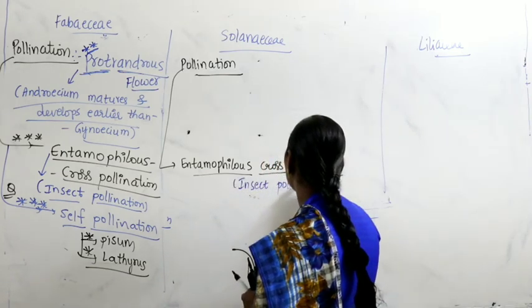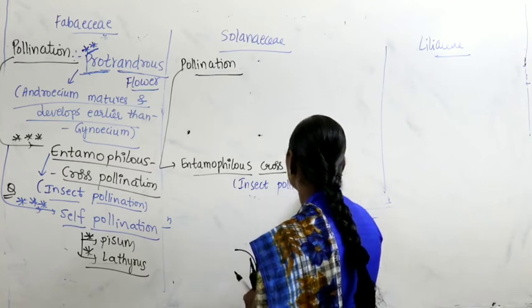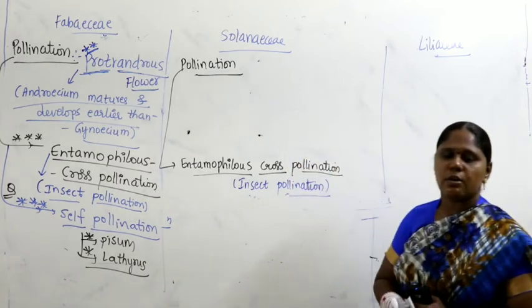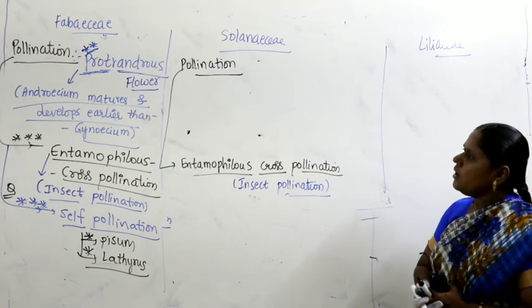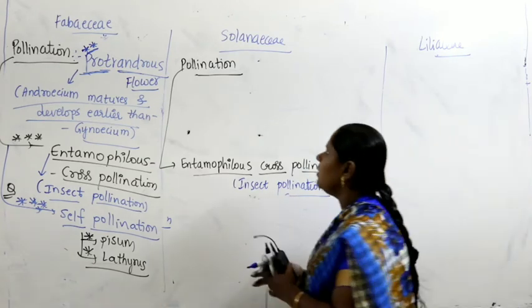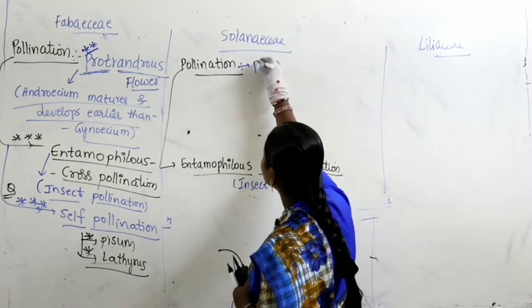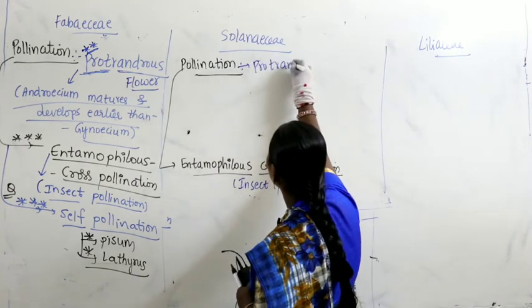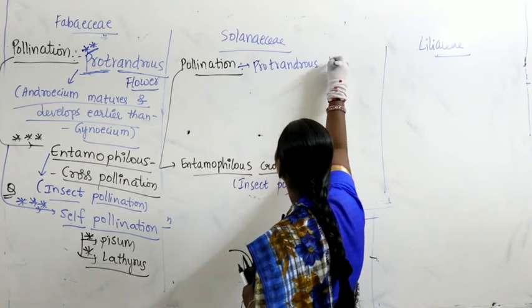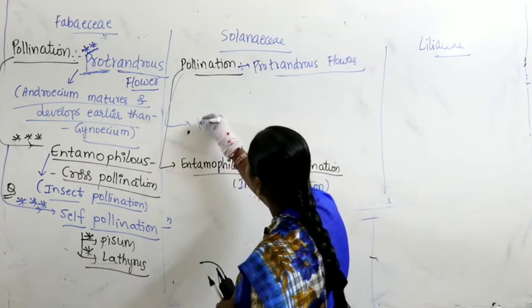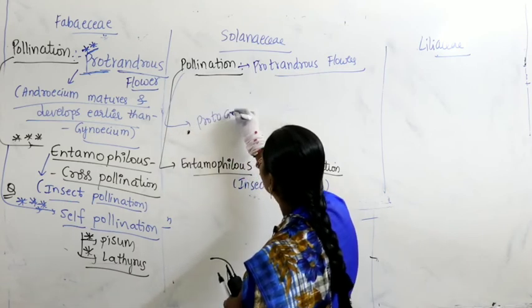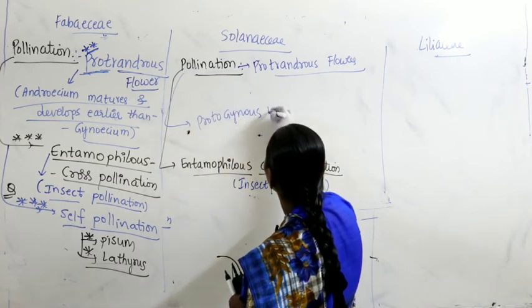That's why it's called insect pollination. Then what about the type of flower? Maybe in some plants you find protandrous flower. In some plants you may find protogynous flower.